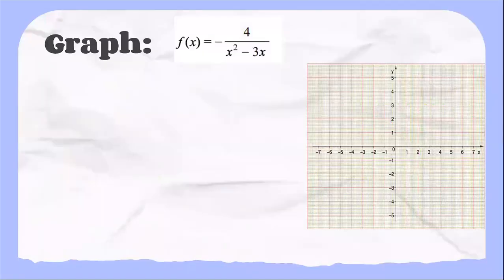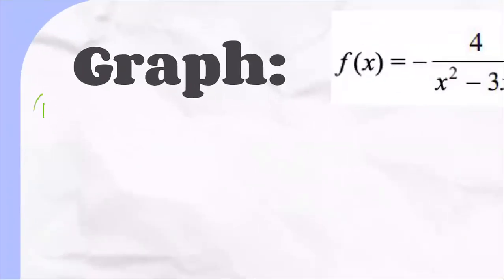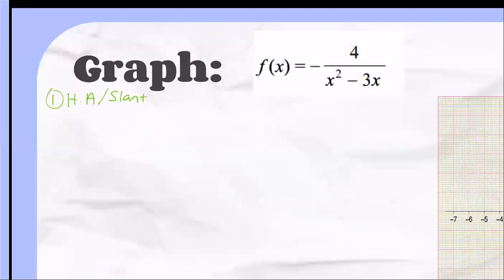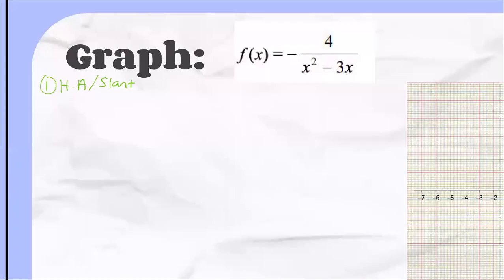All right, so let's go ahead and graph this one. The first thing I'm going to do is I look for the horizontal asymptote or slant asymptote, whatever it has. So in this case, my top does not have a degree. So the top, my degree is 0, and the bottom is 2.